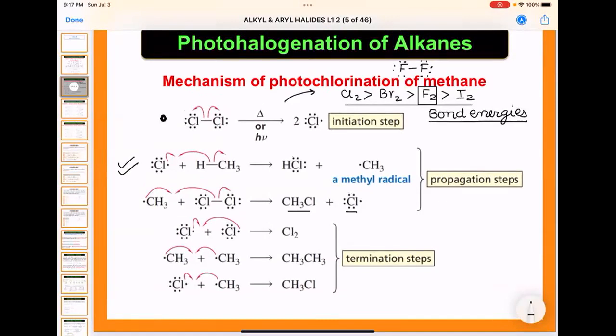Is the iodination going to be fastest, or is it the chlorination which is going to be fastest? These are the bond energies. If the initiation step is the rate controlling step, which one do you expect to be the fastest one?